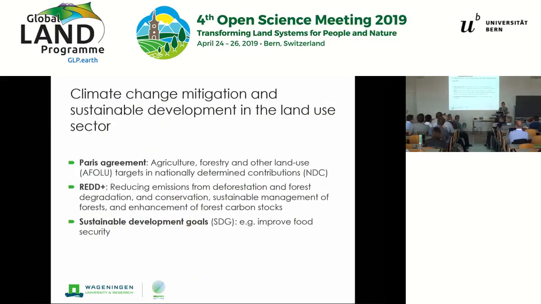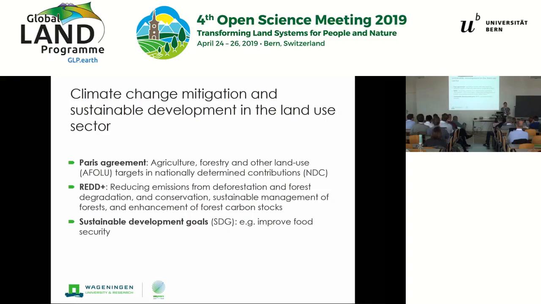So within this climate change mitigation and sustainable development and land use, there are several agreements and goals on the international level. So you have, of course, a Paris Agreement where in the land use sector, some countries propose targets in their nationally determined contributions, their NDCs, and this land use sector is still very important in a lot of the developing countries, because here you still have relatively a lot of emissions from your land use or land use change.